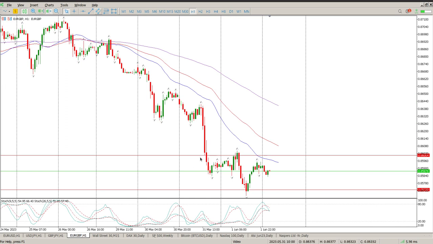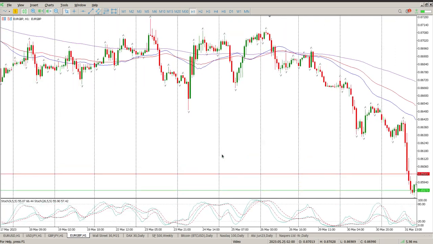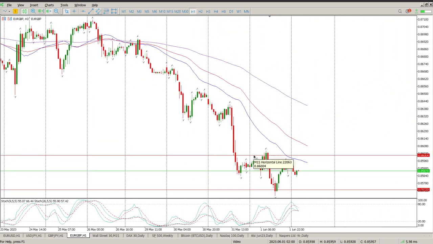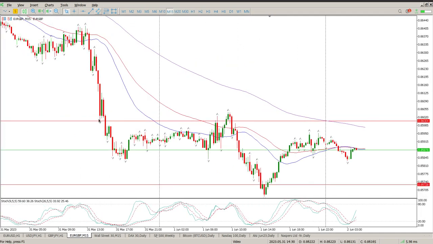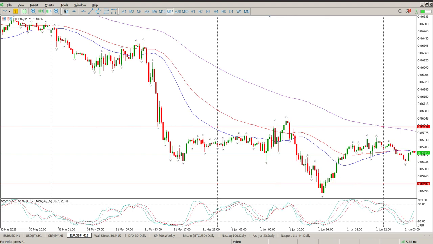So yesterday we were looking for a retest of this area here at 086, 004. We got it, and we got a move down to the next level again. So if you just get down to the 15-minute, there's my level there. There's not really anything else, so all you need to do is just look for the next logical space, and it's these two bars here.